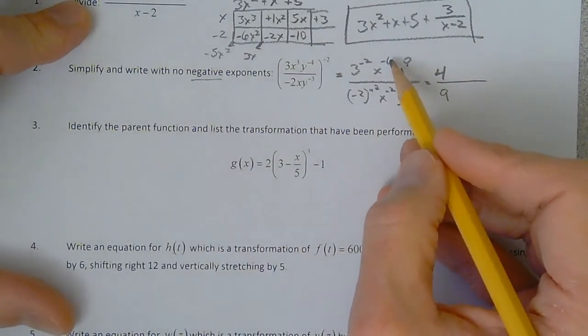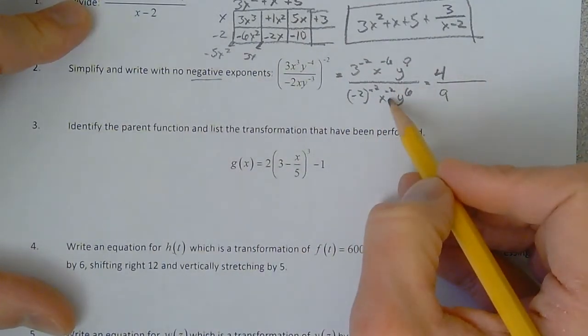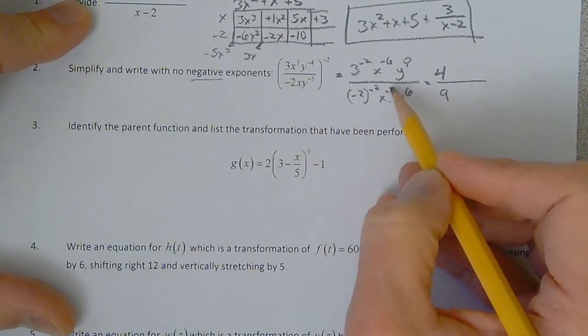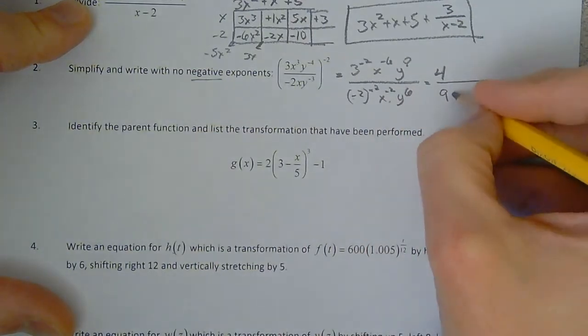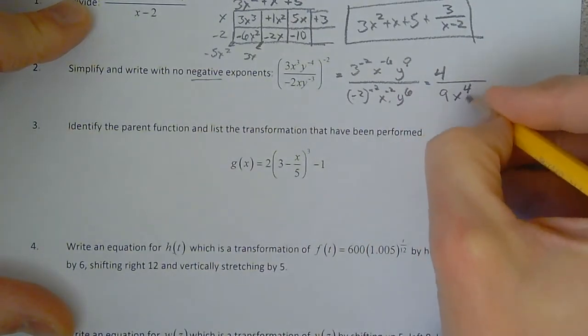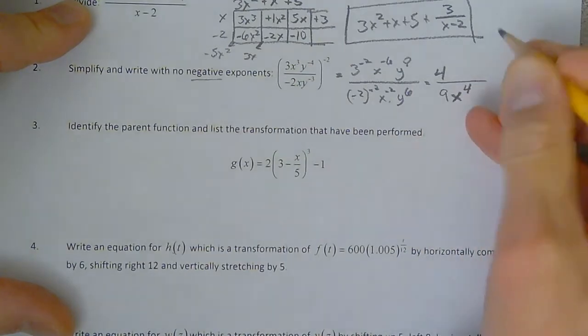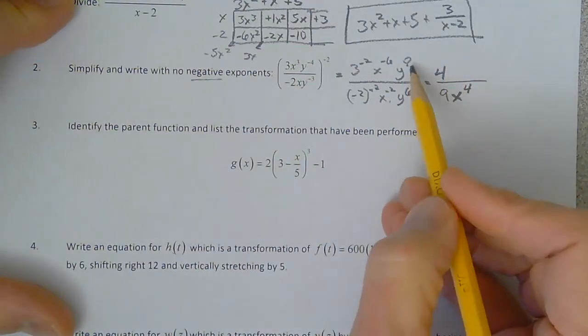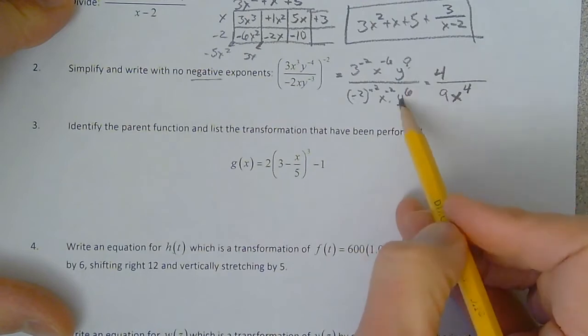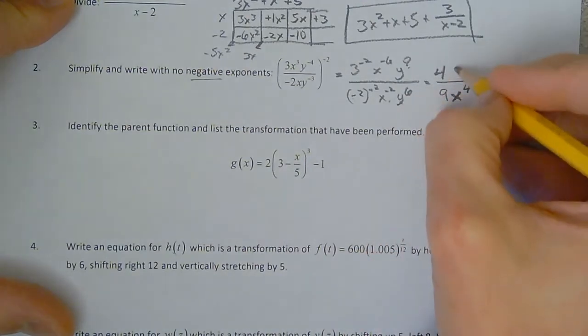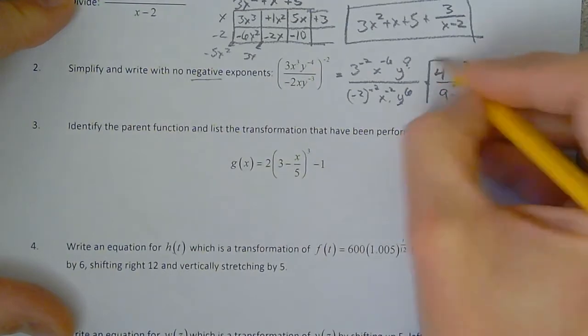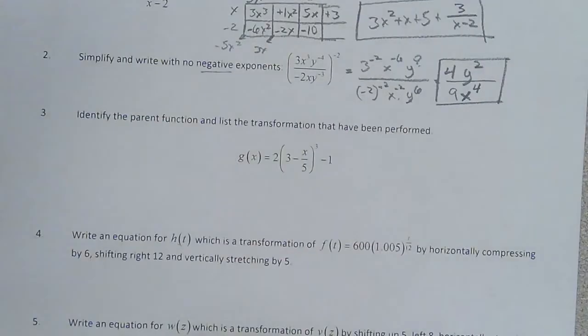So if I did negative 6 minus negative 2, I would still end up with a negative 4. So I'm going to start on the bottom and do negative 2 minus negative 6, or negative 2 plus 6 leaves me an x to the 4th in the denominator. And I definitely have more y's in the numerator than the denominator. The 8 minus 6 will give me a 2, so this is a y squared. And that is that simplified with no negative exponents.